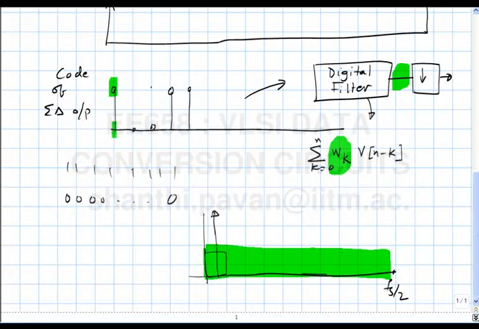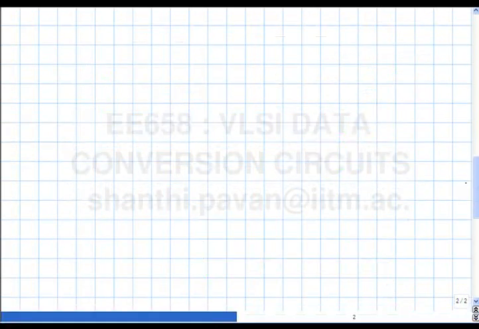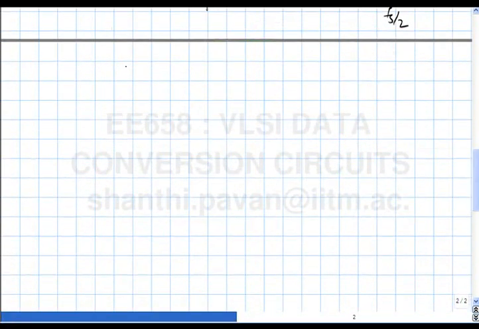Okay, the question is the following. I take a sine wave, a 1 kilohertz sine wave, for argument's sake. Let me take an OSR of 64, so I sample it at 128 kilohertz.